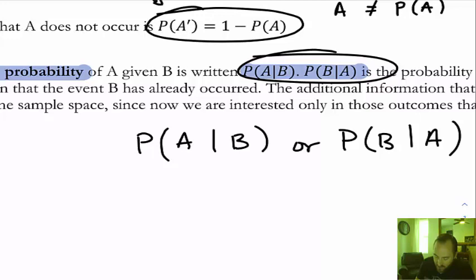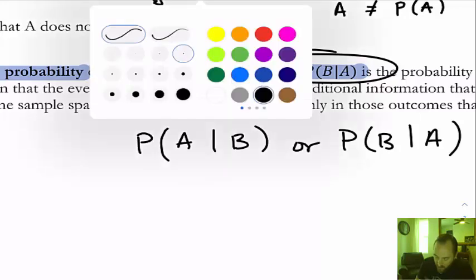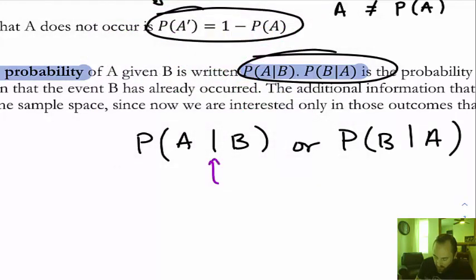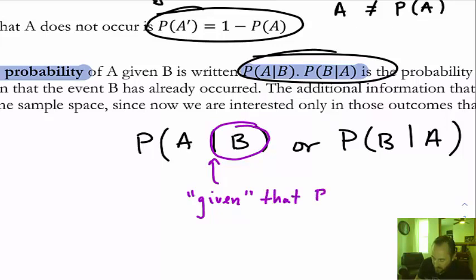So I'm saying that our vertical line here is like the word given. It really doesn't mean that. It more means that we're given this B, or, let me leave that in quotes, given that B has occurred.